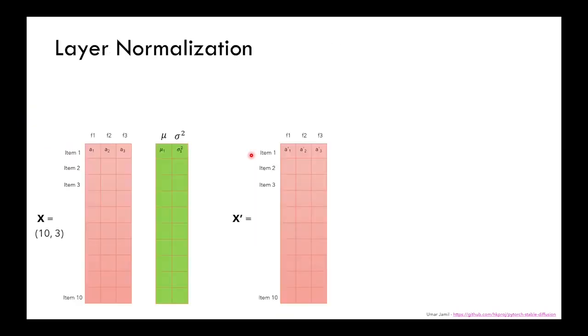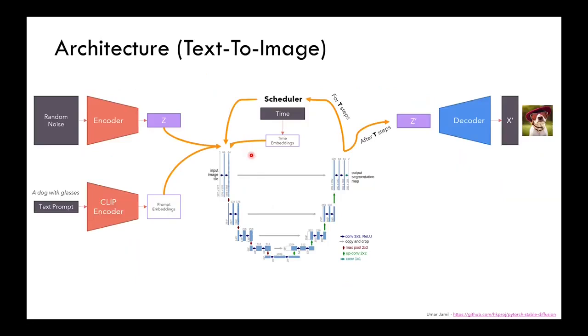Text to image is here. So we start with some random noise and we transform it into latents. Then according to some scheduler, according to some time step, we keep denoising it. Now our unit will predict the noise in the latents.